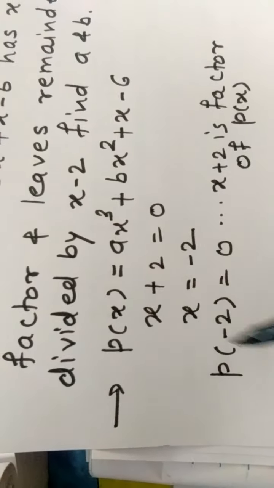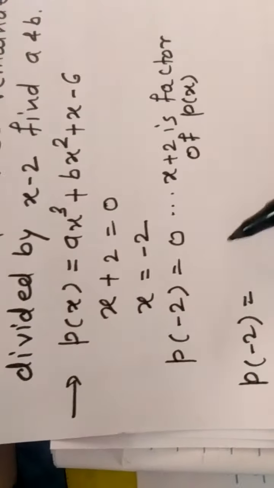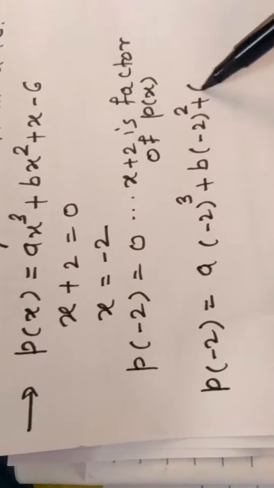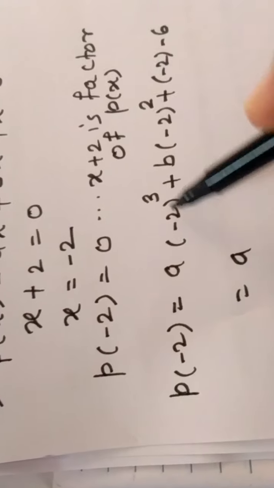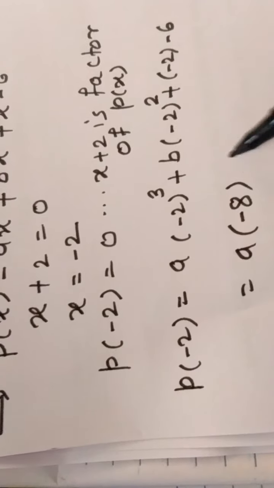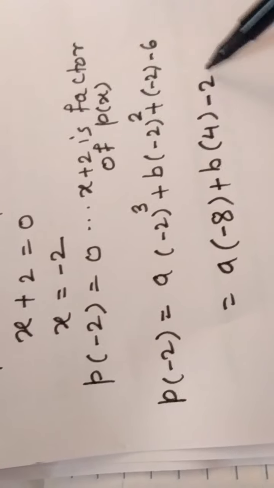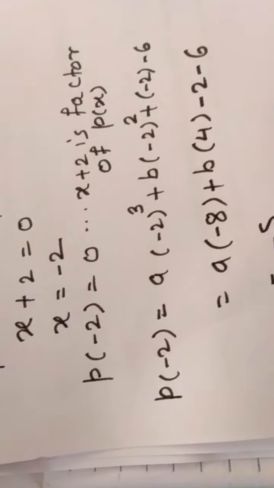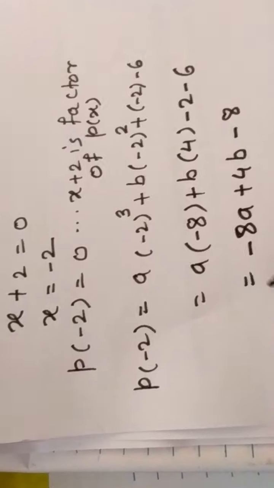Put instead of x the value minus 2. That is p(minus 2) is equal to a times minus 2 raised to 3 plus b times minus 2 square plus minus 2 minus 6. That is a times minus 8 plus b times 4 minus 2 minus 6, that is minus 8a plus 4b minus 8.